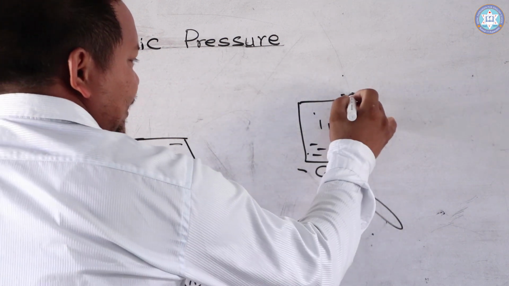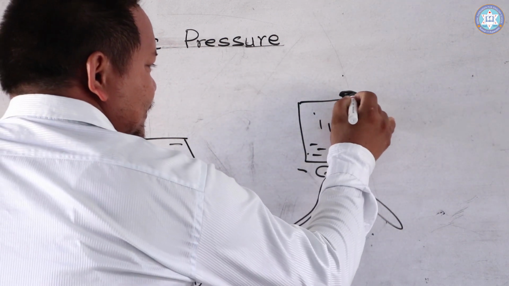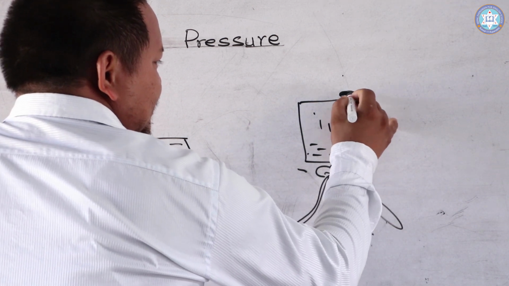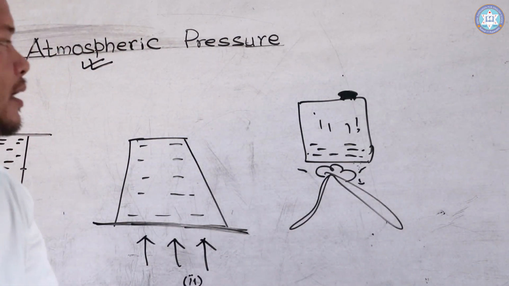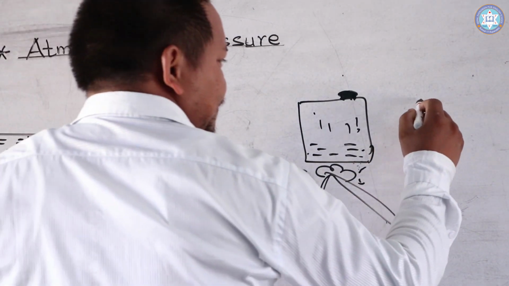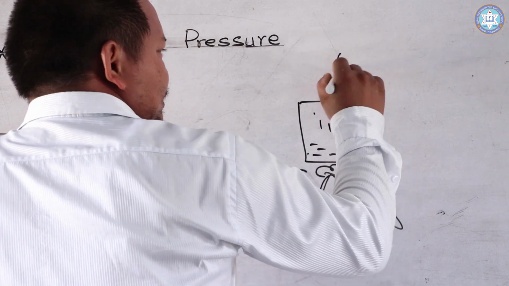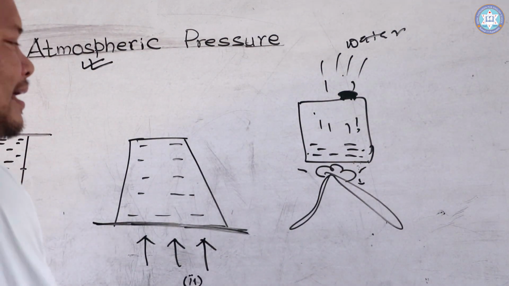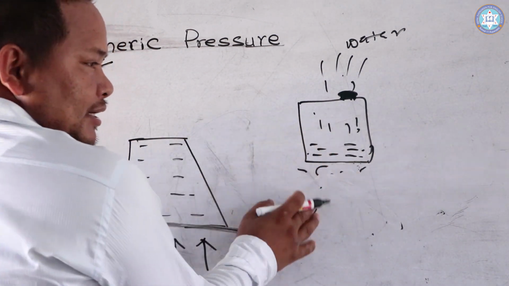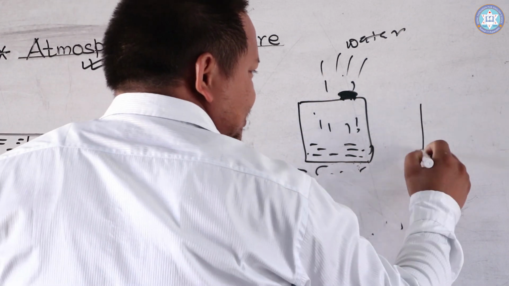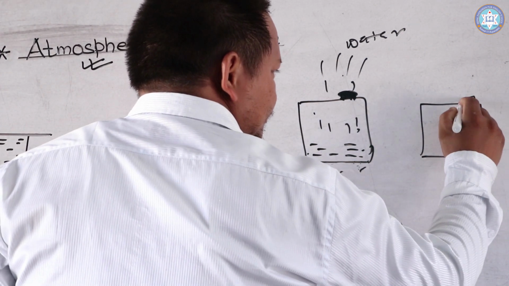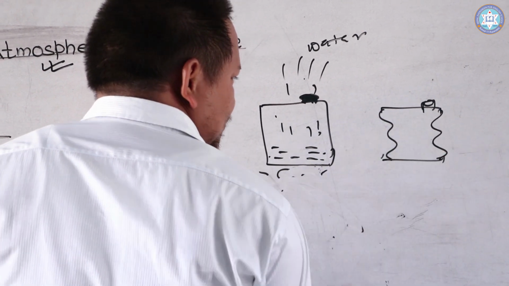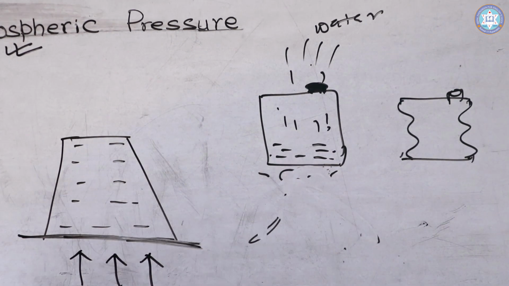Then the hole is closed tightly with the lid. Then pour some water over this can. Then what happens? Its outer shape is changed, not like this, but into this type of structure.